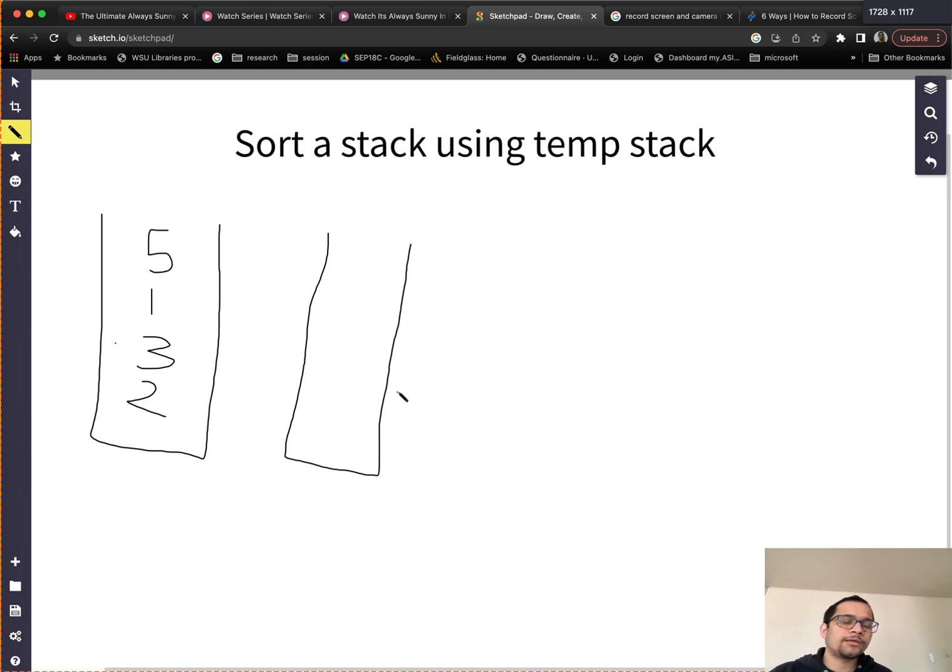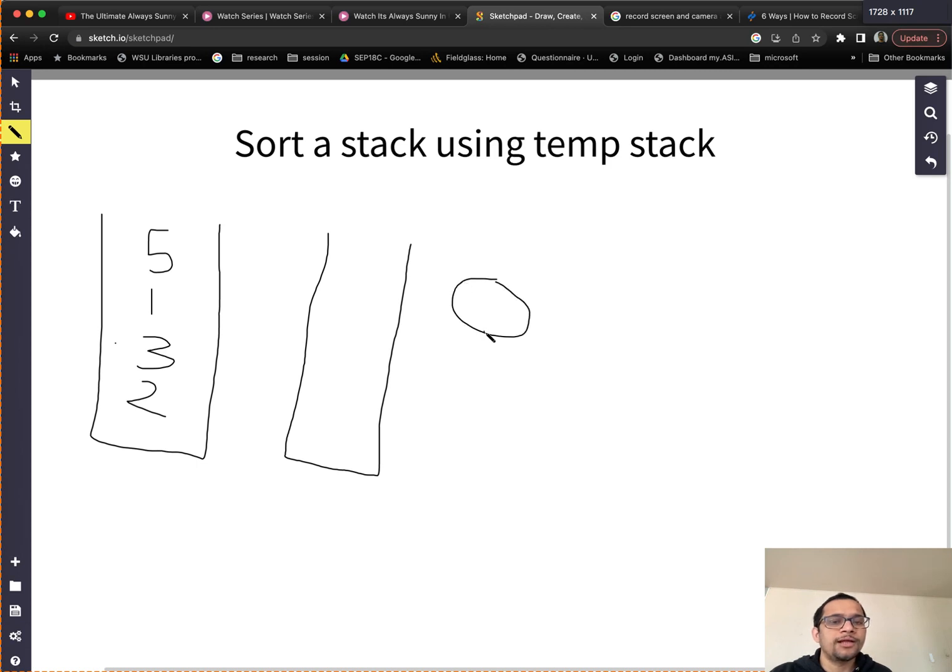When the question says you're given a temporary stack, you should understand that the solution would work by transferring elements between the stacks. The question doesn't say to sort in descending or ascending order, so you can ask a clarifying question. In this instance, let's assume that they want the stack to be sorted in descending order.